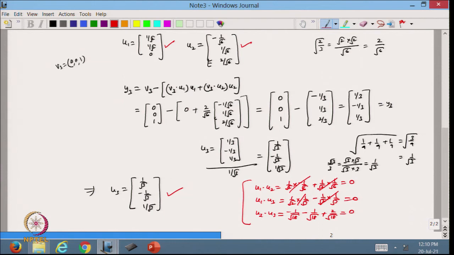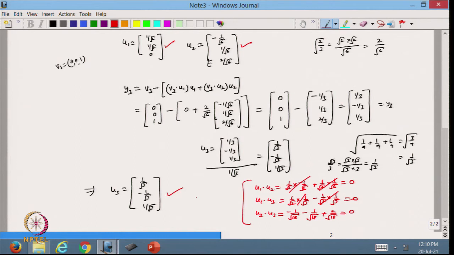So, they are orthogonal to each other, and of course, their magnitude is 1, because it is 2 4 plus 1 plus 5 plus 5 plus 6. So, if I take this one, its magnitude is 1, its magnitude is 1 and its magnitude is 1.